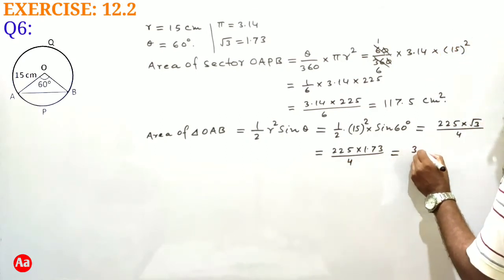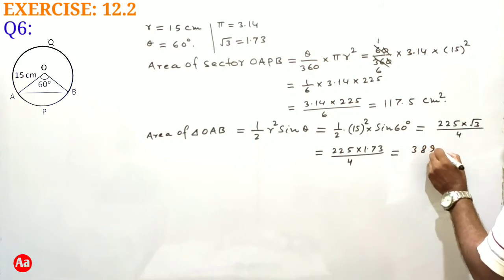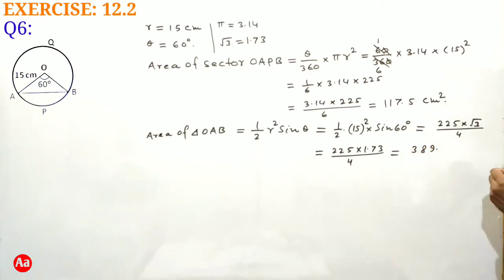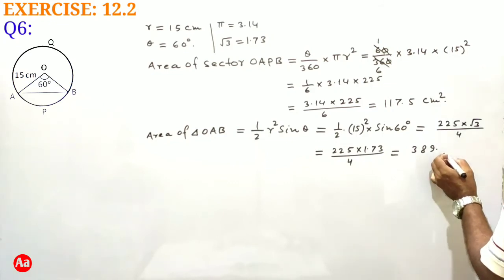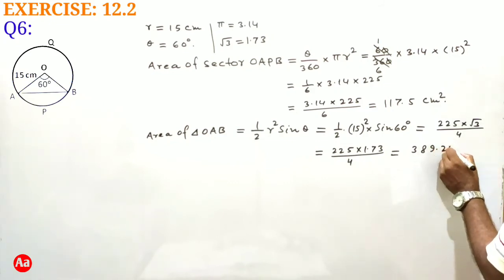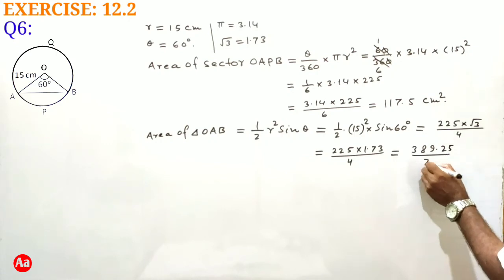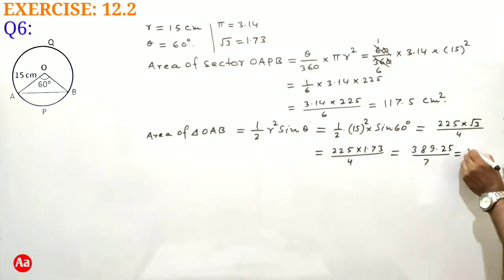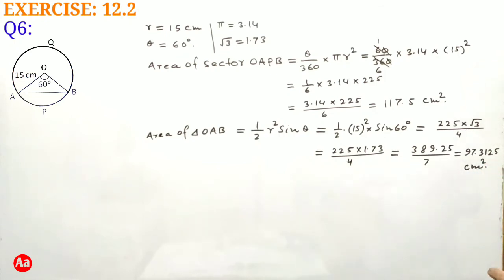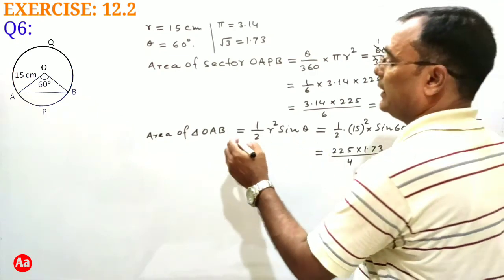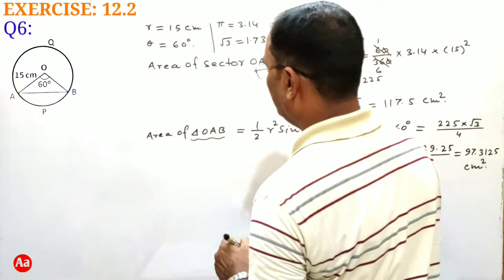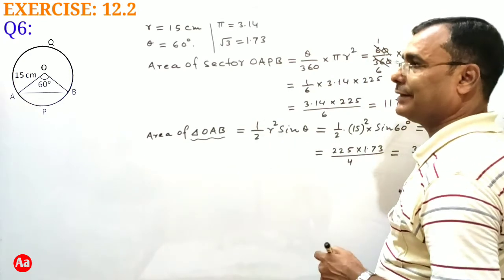This is equal to 389.25 divided by 4 equal to 97.3125 centimeter square. So this is the area of triangle OAB, which is an isosceles triangle.